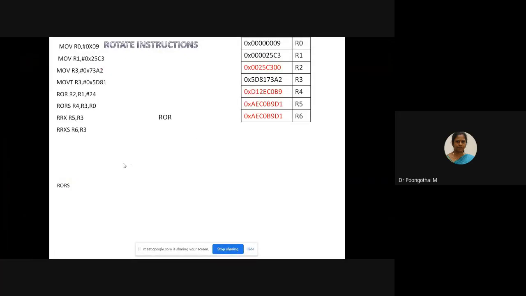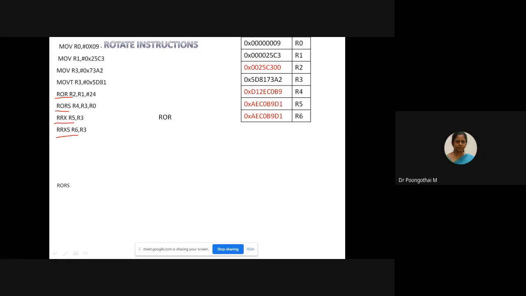In this program, I have included instructions for ROR. ROR is the rotate right without flag update, and RORS is the rotate right with flag update. Similarly, RRX is rotate right extended without flag update, and RRXS is rotate right extended with flag update.